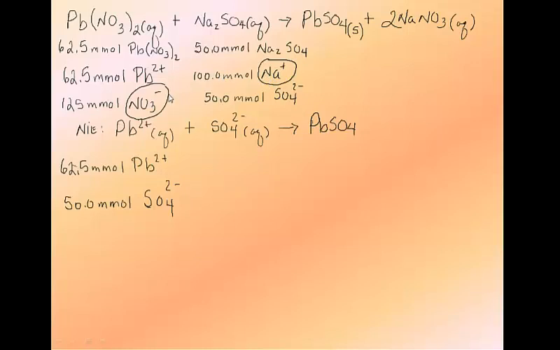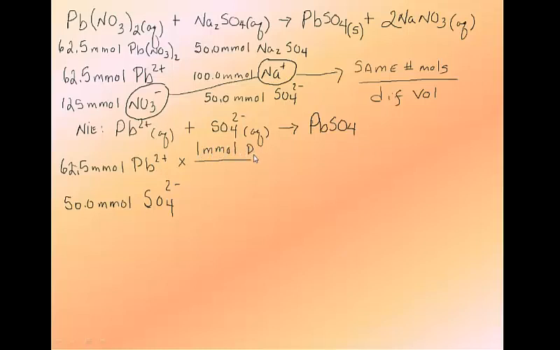After the reaction, I'm still going to have the same number of moles, but a different volume. These 2 spectator ions do absolutely nothing but continue to float around in the solution, relatively useless. So with the 2 ions that make up the solid, I am going to figure out which one of them is my limiting and which one is my excess.